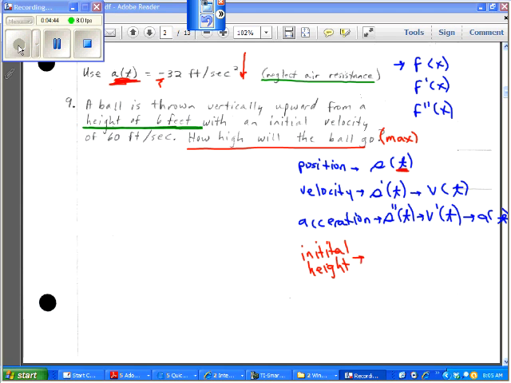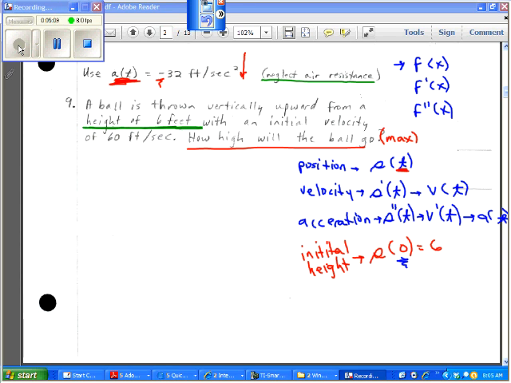But how can we write that? That would be S of 0 is 6. In 0 seconds of time, the position is 6 feet above the ground. That's the beginning of it. So you see how we get that ordered pair?